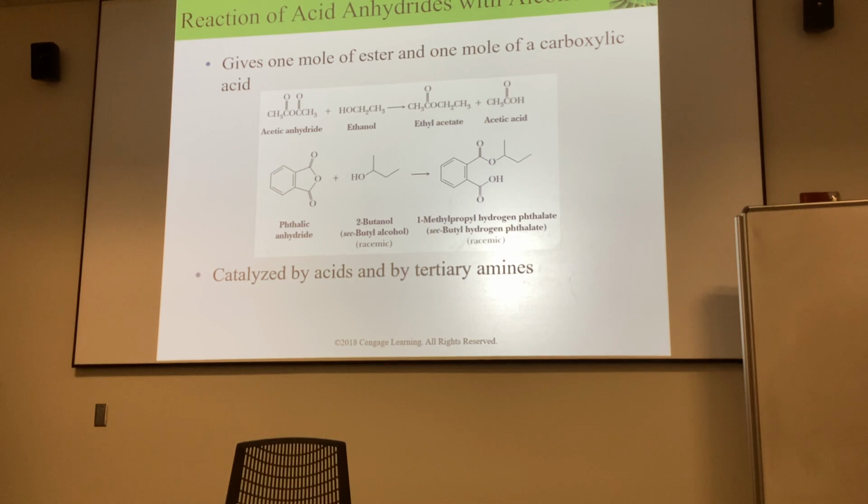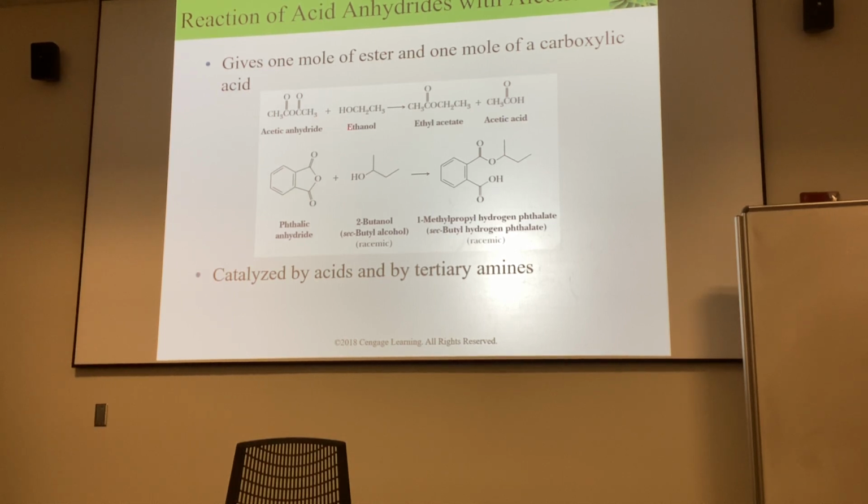So what's gonna happen is, if you take alcohol and put it in with an acid anhydride, you can catalyze this with an acid or a tertiary amine. These guys will react with water without help. Acid anhydrides will. If you want them to react with alcohols, I don't know why, but they need to be catalyzed with an acid or a tertiary amine base.